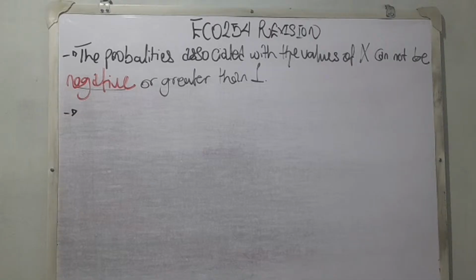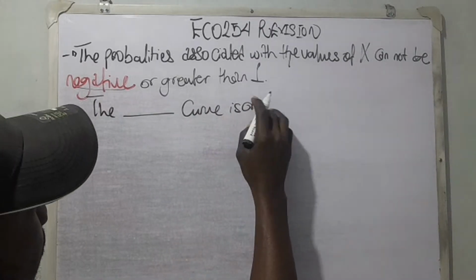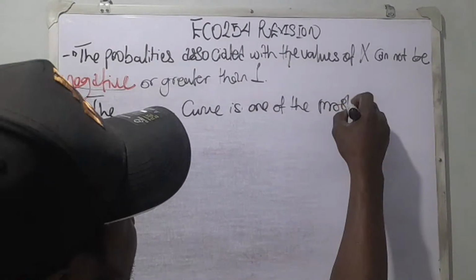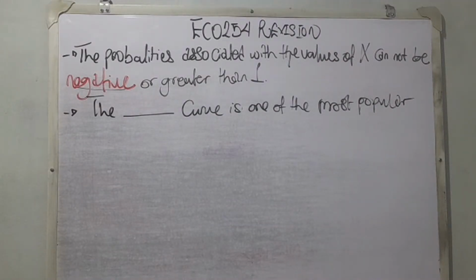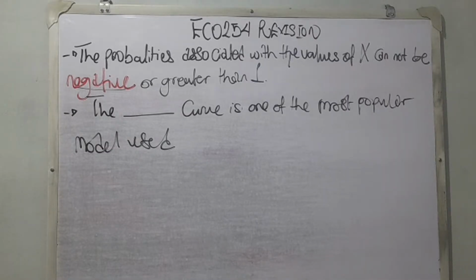The dash curve is one of the most popular model used in statistical tests of hypothesis.